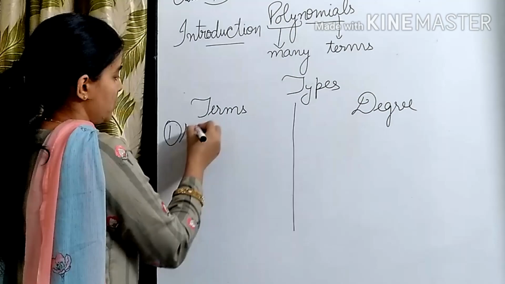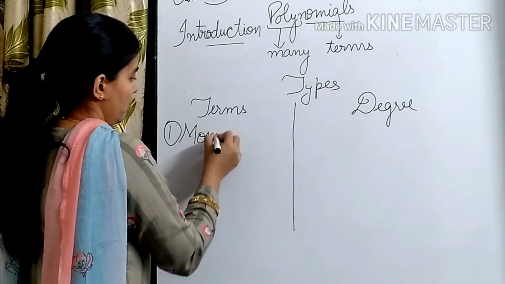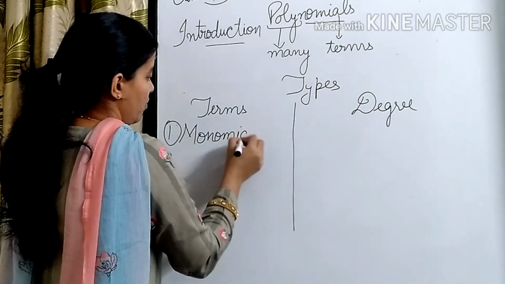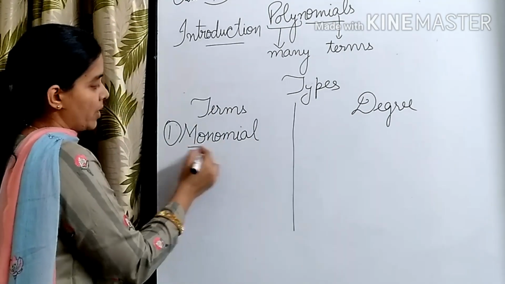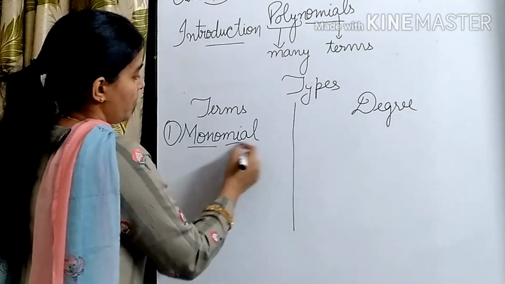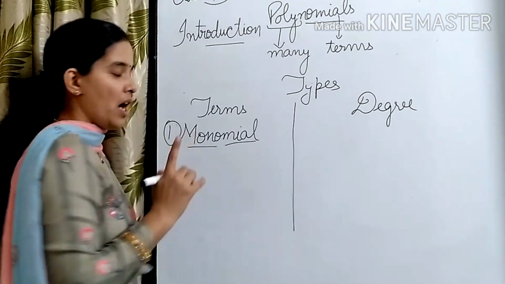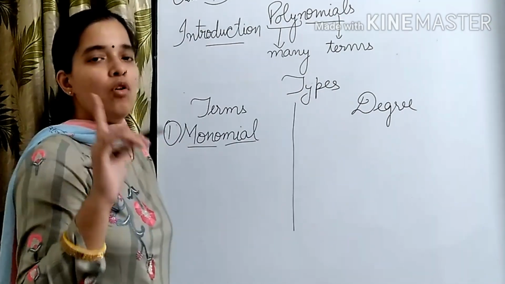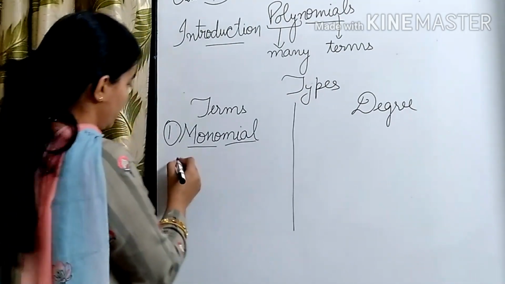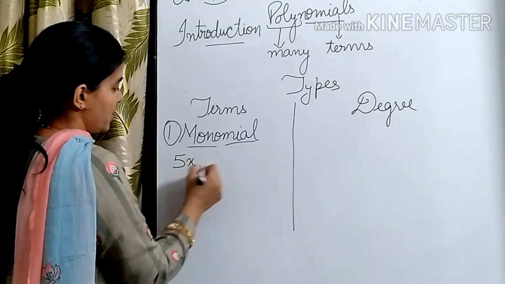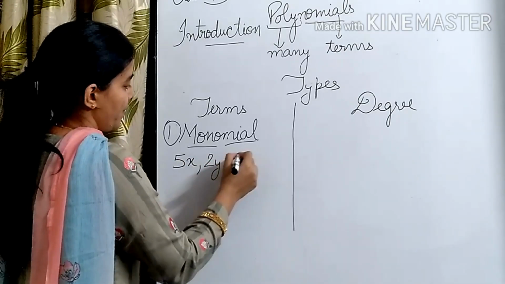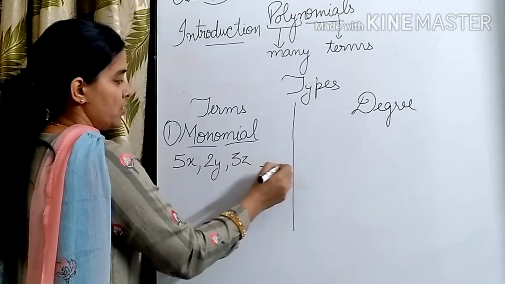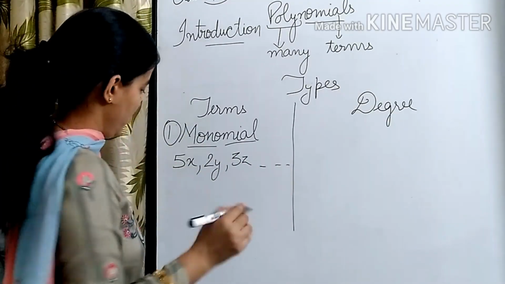The first one is monomial. मोनो का मतलब होता है 1. नोमियल is terms. सो जहां पे 1 टर्म होगी वो मोनोमियल पॉलिनोमियल होता है, जैसे कि 5x, 2y, 3z and so on, where there is a single term.